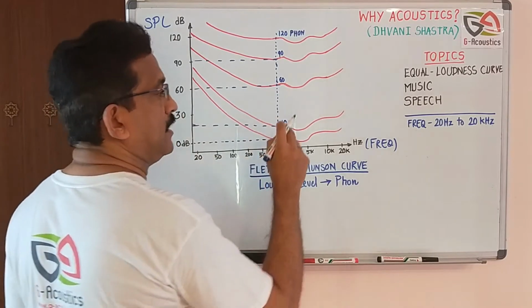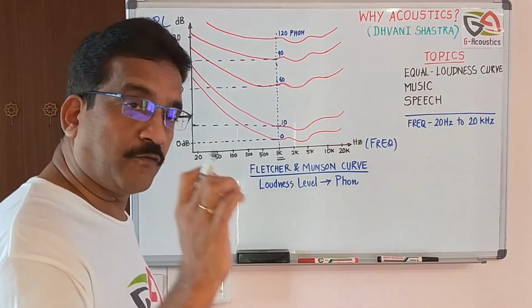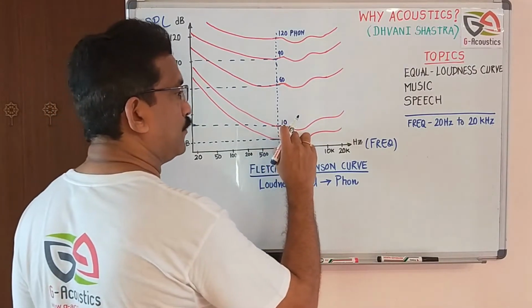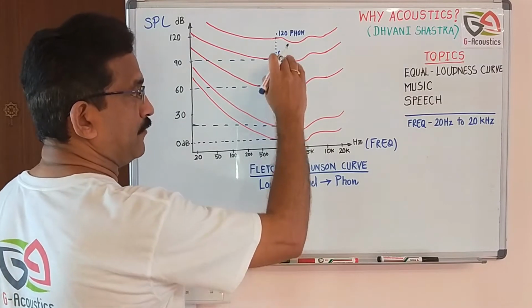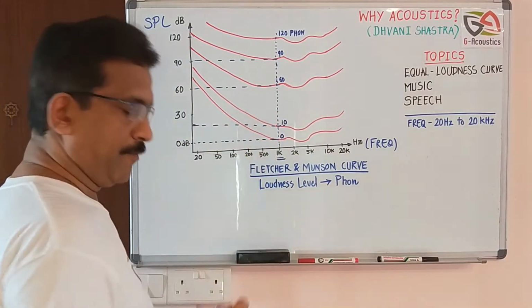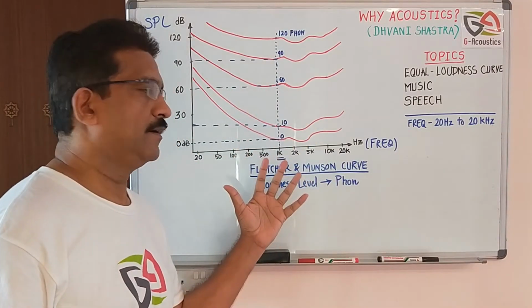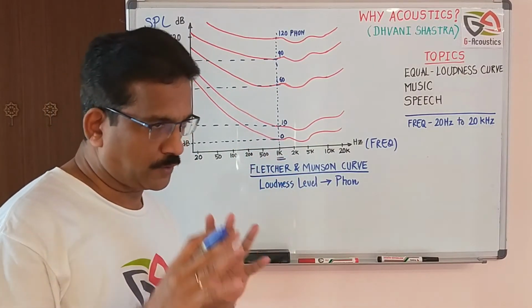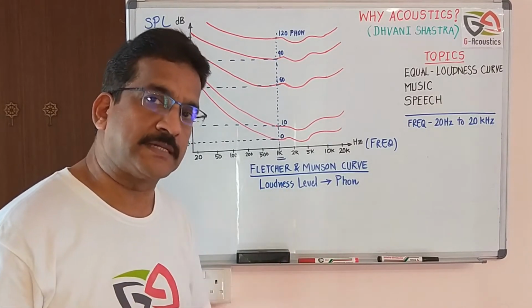So that will be in phons. So loudness level is determined in terms of phons. So here we have 0 phon, 10 phon, 60 phon, 90 phon, 100. Of course, there are in-betweens. I didn't draw them just for clarity. Let me also put the actual graph in this video so that you can see in detail how the actual Fletcher-Munson curve looks like.